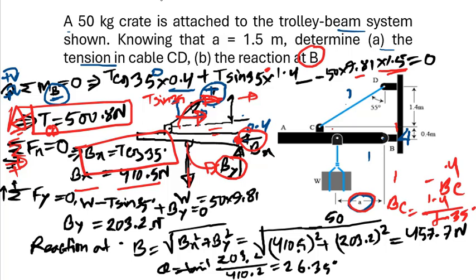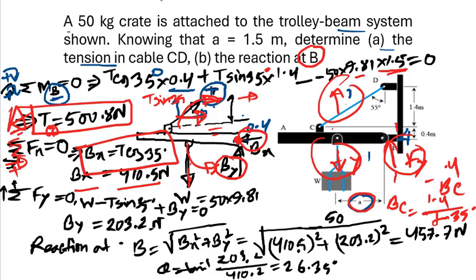After that, summation of Fy in the y direction equal to 0. Here the weight is acting in the y direction, and also T sin and By. These three values are acting perpendicular.